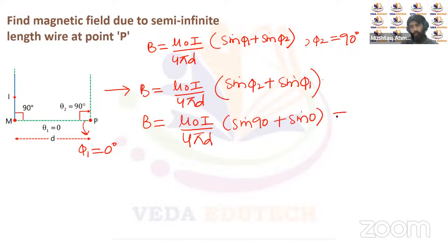So it will be equal to mu naught I upon 4 pi d. So this is the magnetic field due to the semi-infinite wire at this point P. We have used the same result for the finite length.